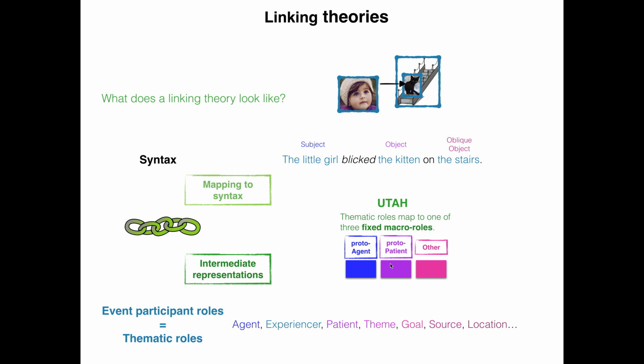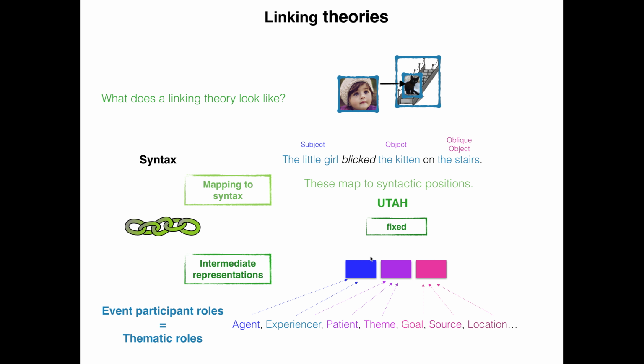Those that tend to be done to are proto-patient, and those that are others, like maybe goal or source or location, are in the other role, right? You have three fixed macro roles, three fixed categories of thematic representations where all of these things map to. And then from that, these then map to syntactic positions, right? So the proto-agent maps to subject, the proto-patient maps to object, and the elsewhere maps to whatever's left over, basically the oblique object.